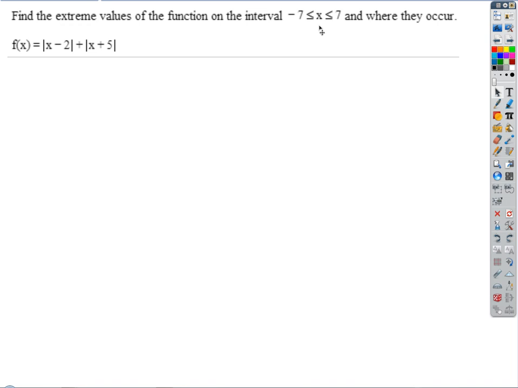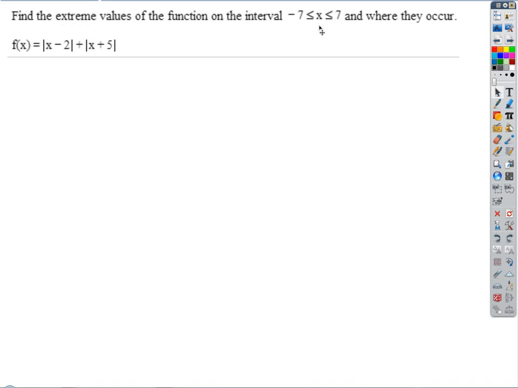They could only possibly occur at peaks and valleys, relative extrema, right? Or where else? The endpoints, right? Okay, so those are the places we got to check. How do you deal with an absolute value function like this? I mean, like that one too.